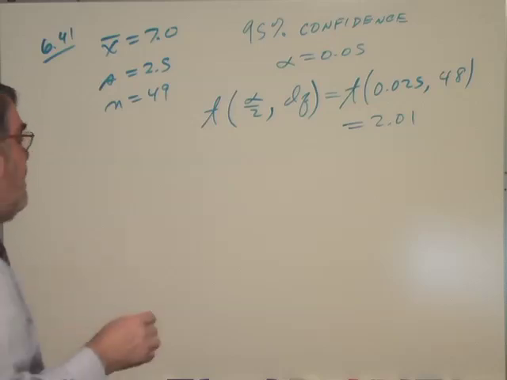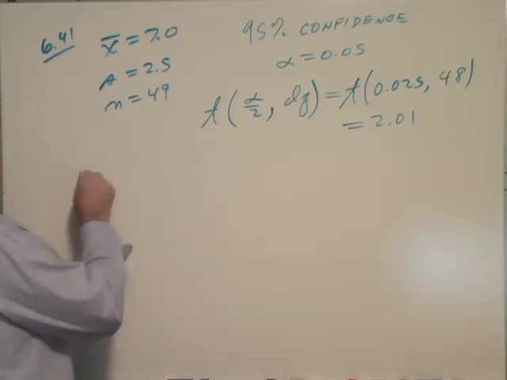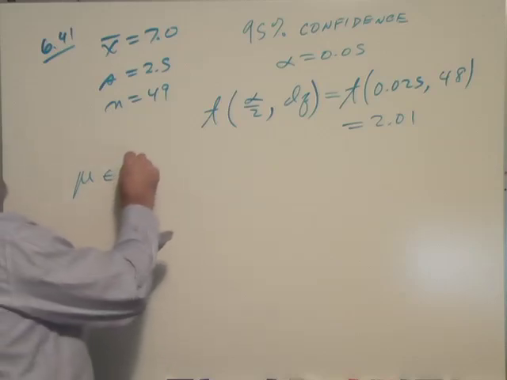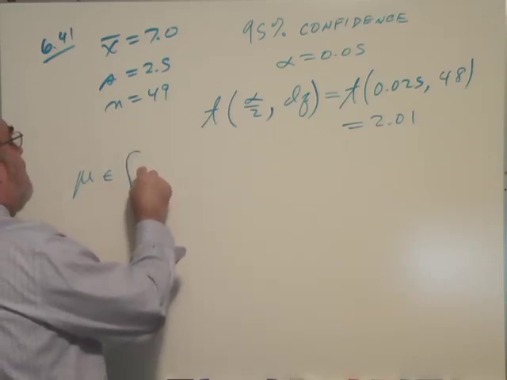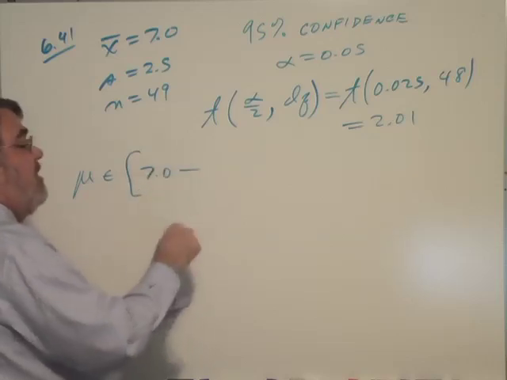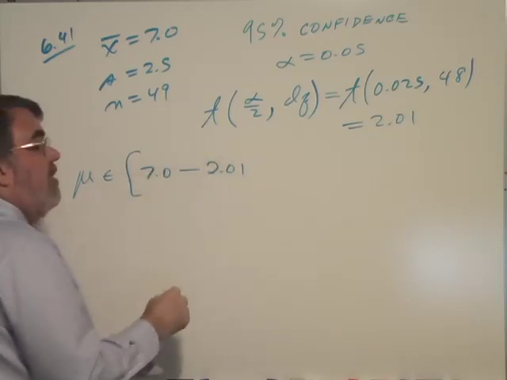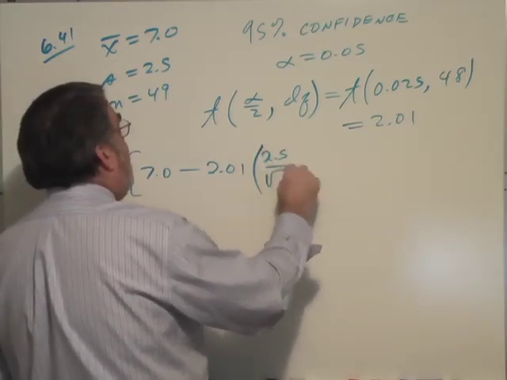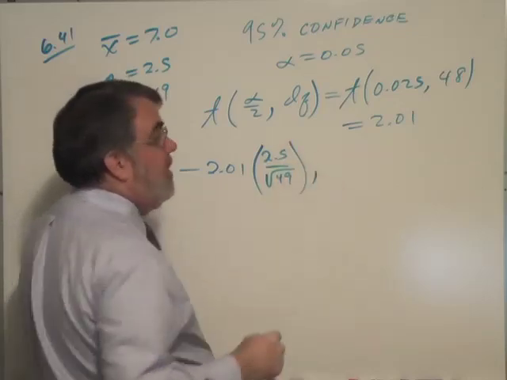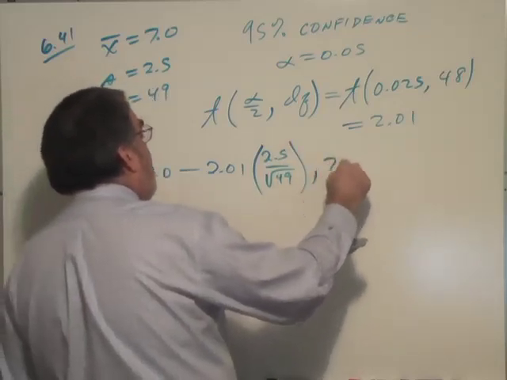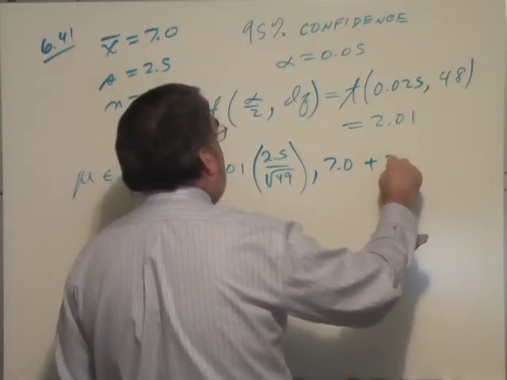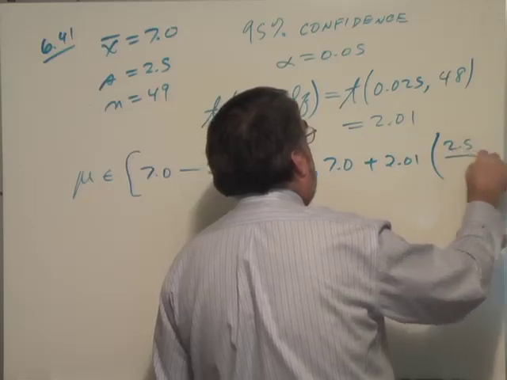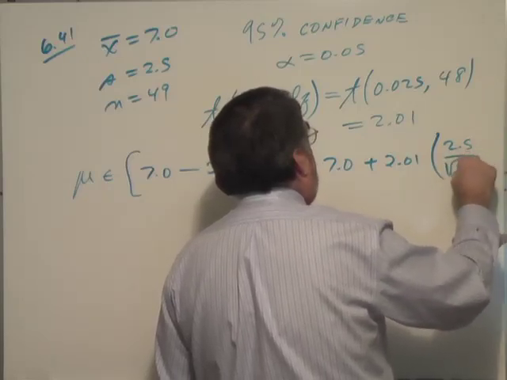So anyway, we'll be using the same formula to calculate the confidence interval. And so that is x bar minus the t-score, 2.01, times standard deviation divided by square root of sample size, comma, x bar plus the t-score times standard deviation divided by square root of sample size.